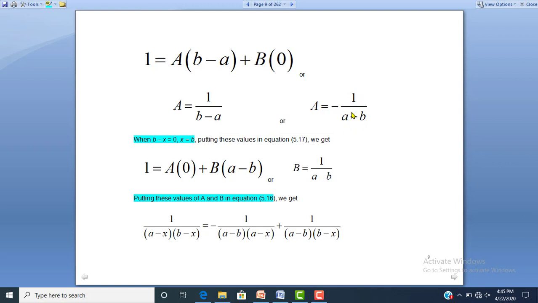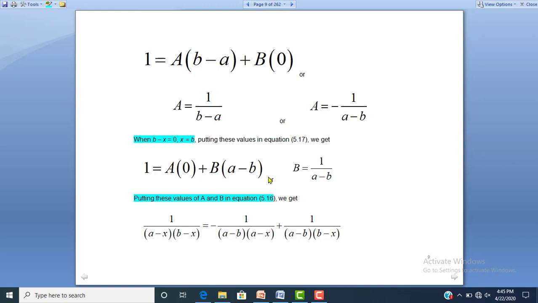Dear students, now we will put this value in that equation, but before putting this value of A, we have to find out the value of B. So to determine the value of B, we suppose when b minus x is equal to 0, then x will be equal to b. Put this value of x equal to b in equation 5.17. So equation 5.17 became 1 is equal to A into 0 plus B into (a minus b).